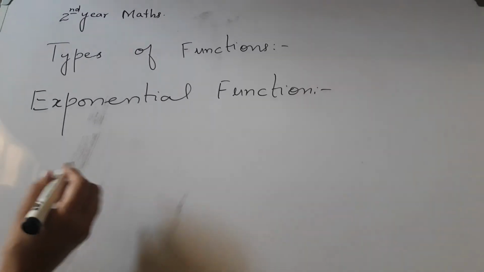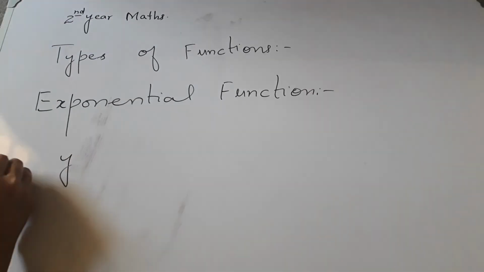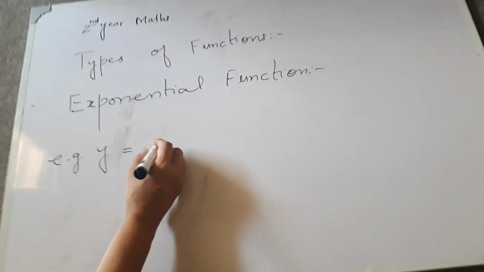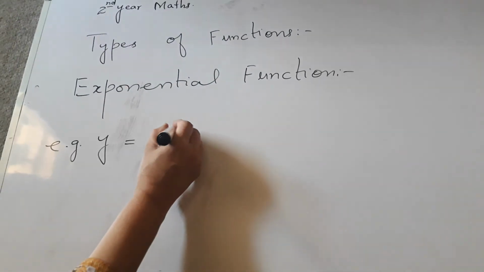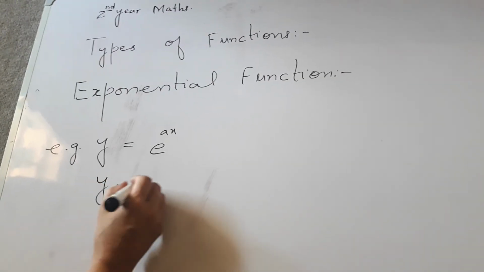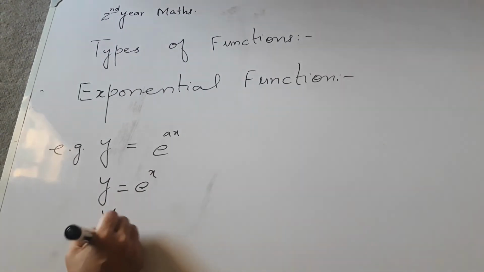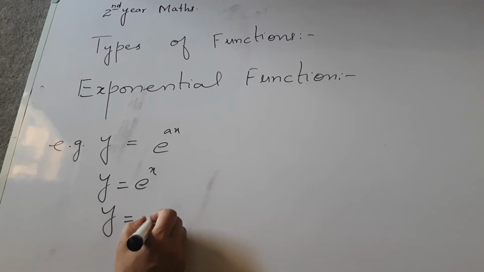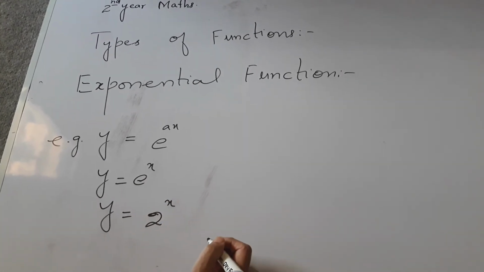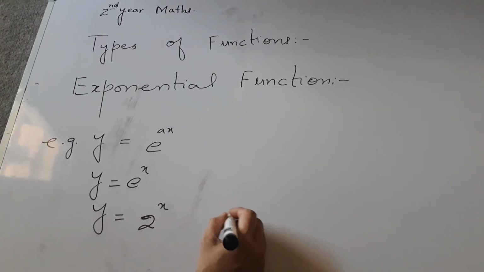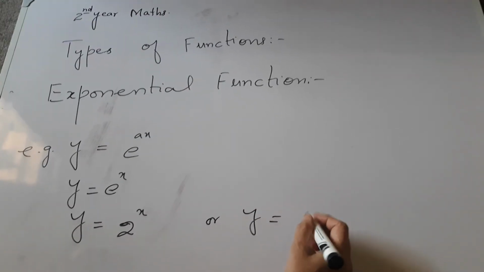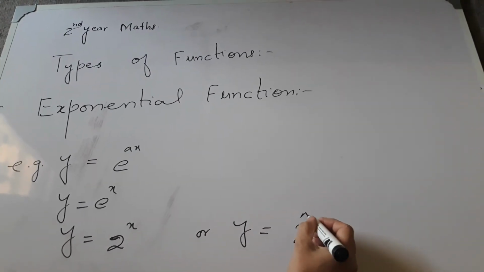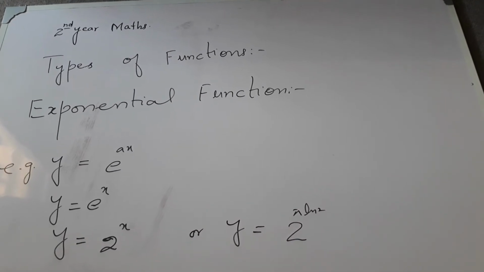For example, y is equal to e raised to power ax, y is equal to e raised to power x, y is equal to 2 raised to power x, etc., or y is equal to 2 raised to power pi into natural log of 2.